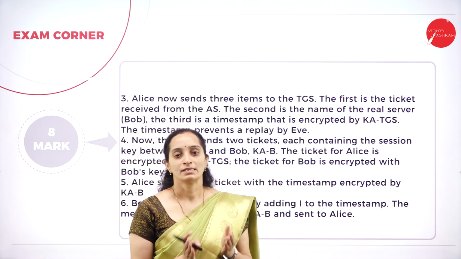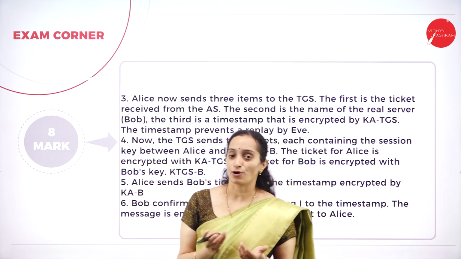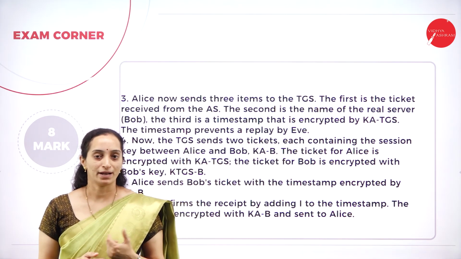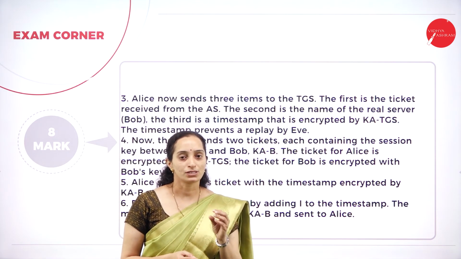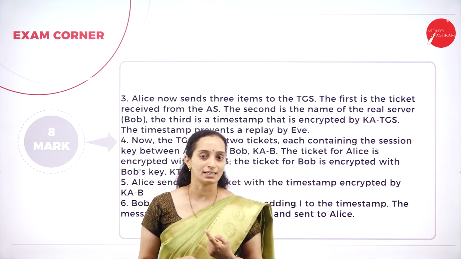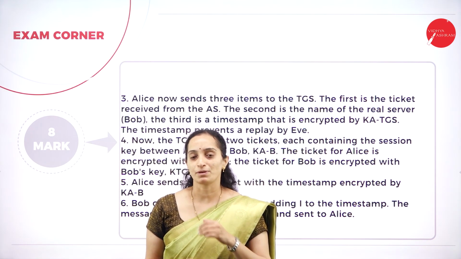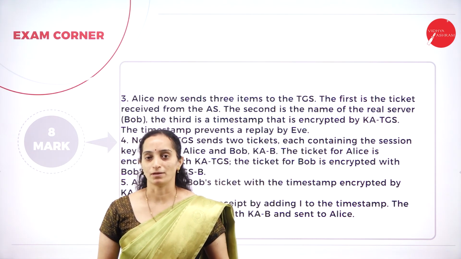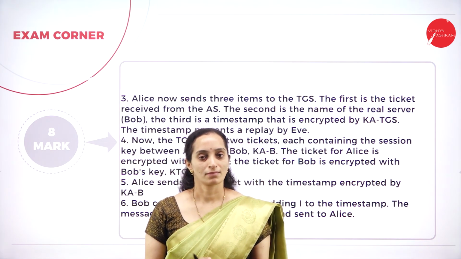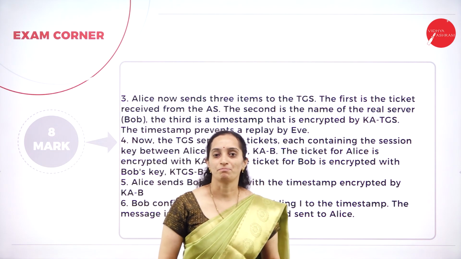If it comes, the same question may not be asked. The format and the example may be changed. The plain text may be changed. So you just remember the expressions to perform the encryption and the decryption and try to implement that in the problem. All right. So this is about the question paper model.